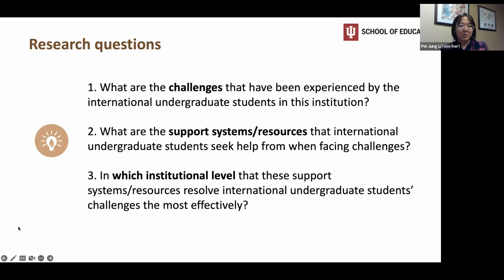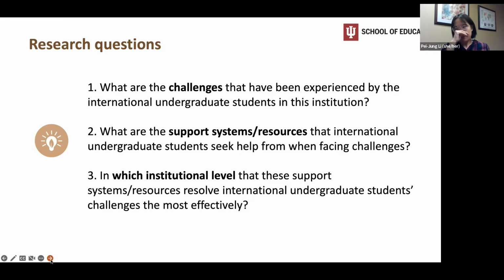But specifically, I want to explore in reality, quote unquote, or in the current era, right now or the post-COVID era, whether or not these institutional-level supports still work and how effective they are. So that could help me to narrow down and generate this research question.